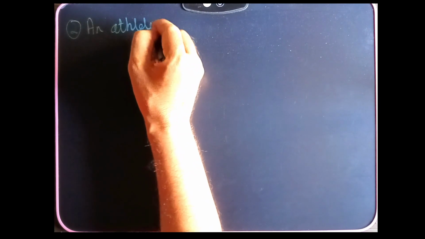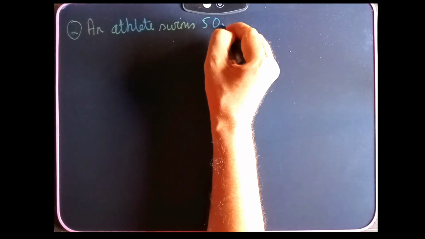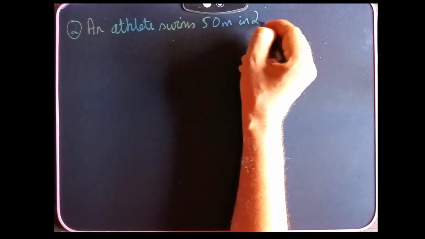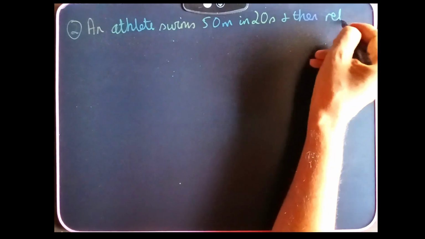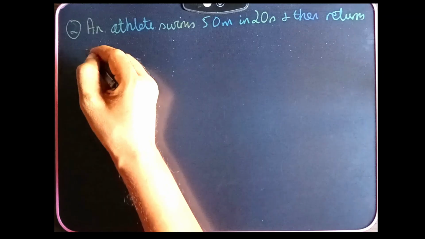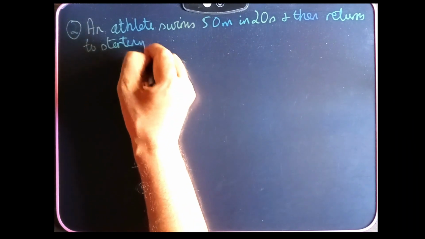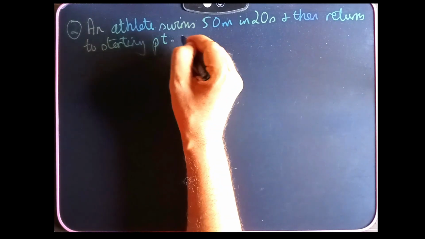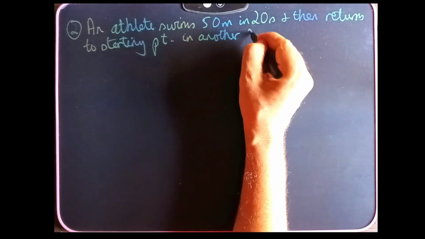An athlete swims 50 meters in 20 seconds and then returns to start, that means to the starting point, in another 25 seconds.